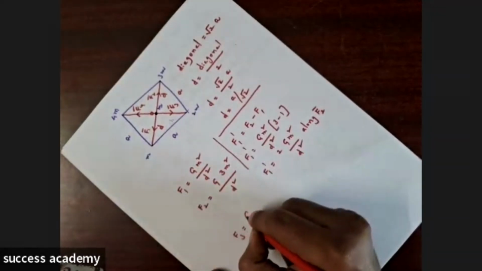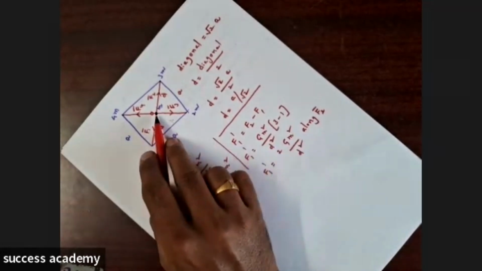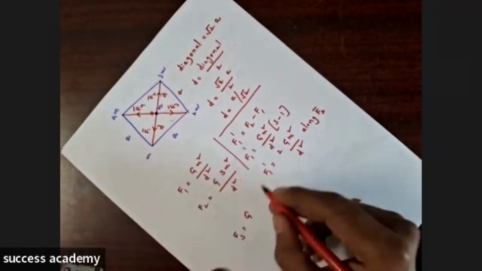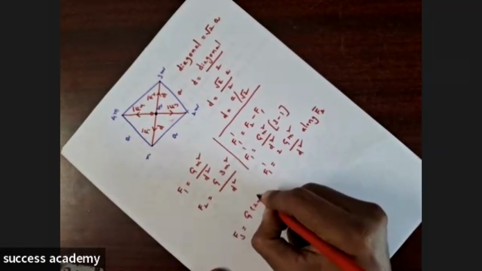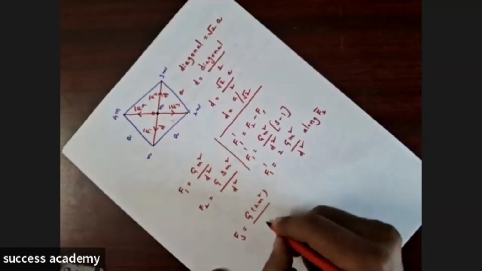At first, F3 is equal to G, between m and 2m, that is 2m square by d square, since the distance from corner to center is d only.